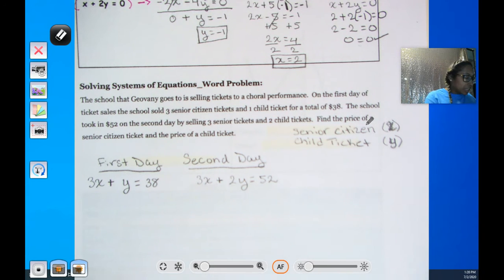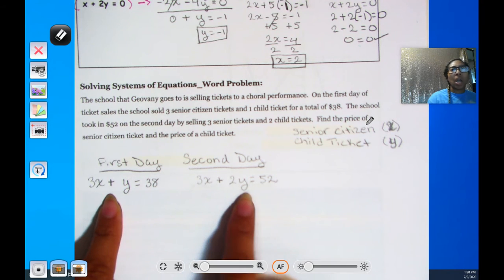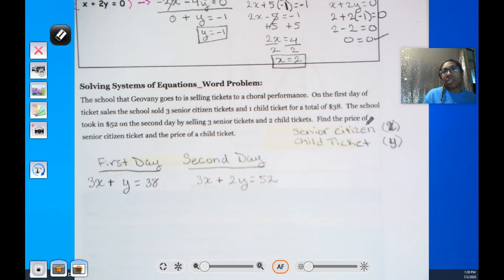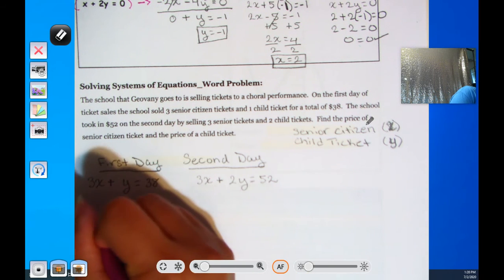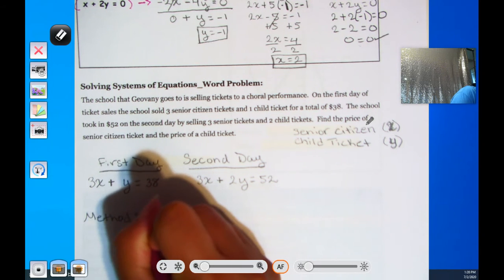Let me tell you something: when I have 2 equations where I don't have them set up so that I know what one variable is equal to, then I typically do the elimination method. So I'm going to set it up for method 2, the elimination method.